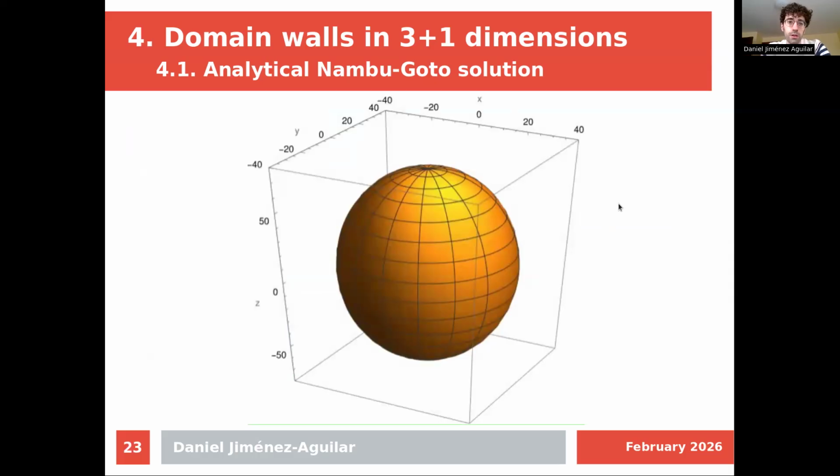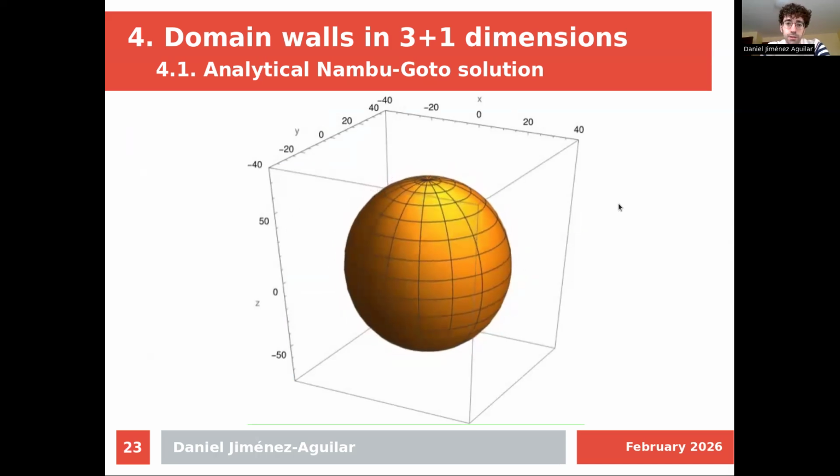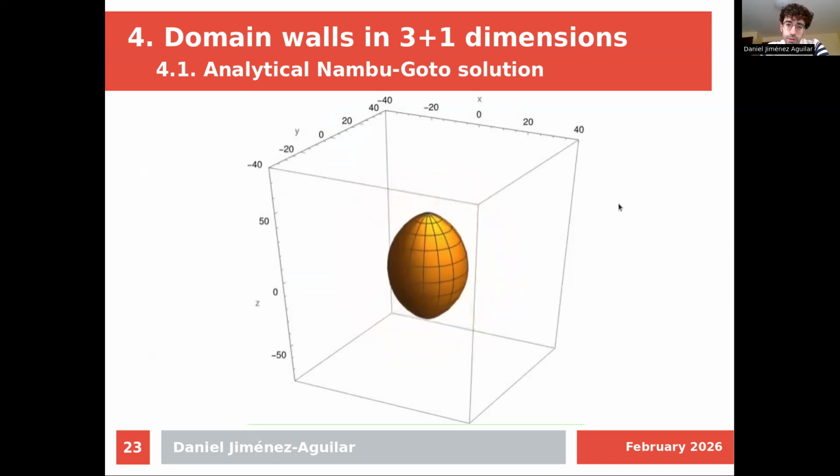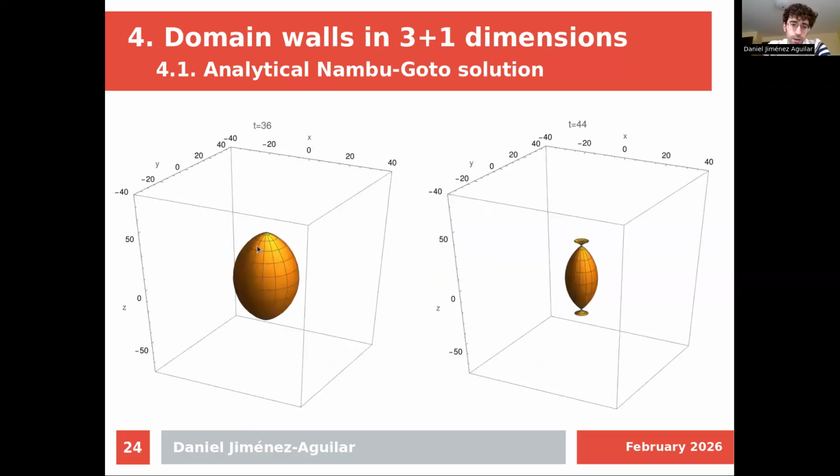For instance, for this ellipsoid, which we release at rest. And this is the Nambu-Goto evolution in this case. We have a cusp emerging from each of these poles, and immediately after, it becomes a circle of cusps here and here.